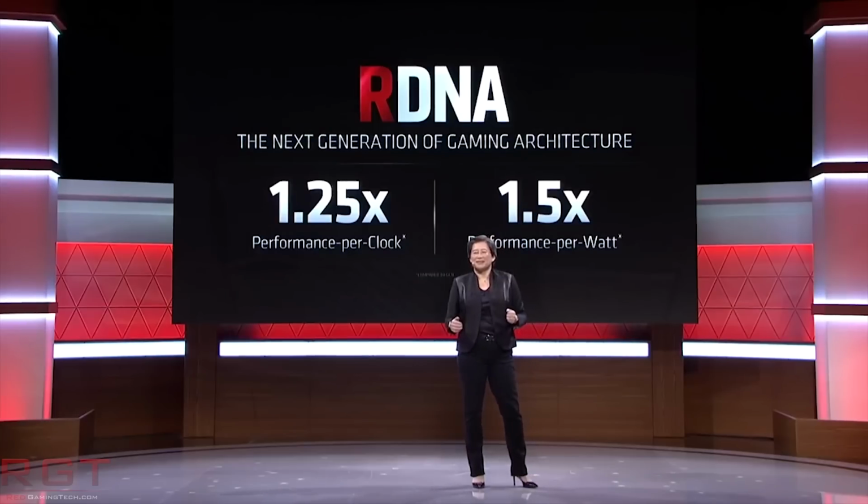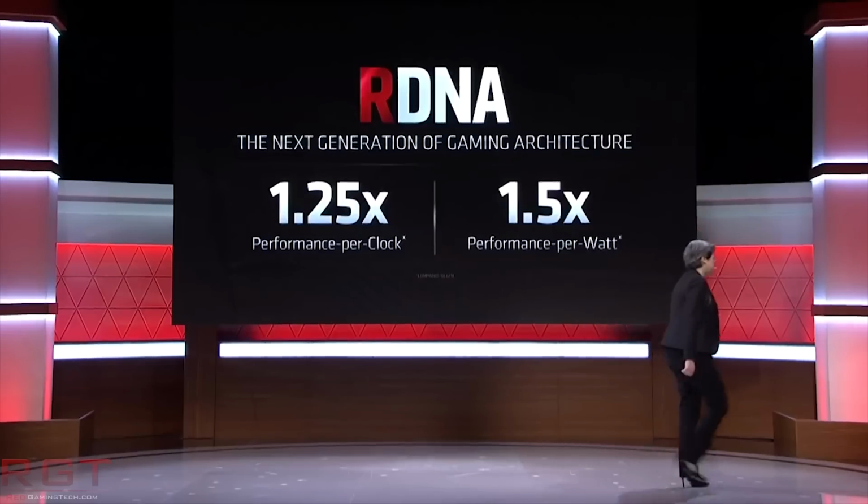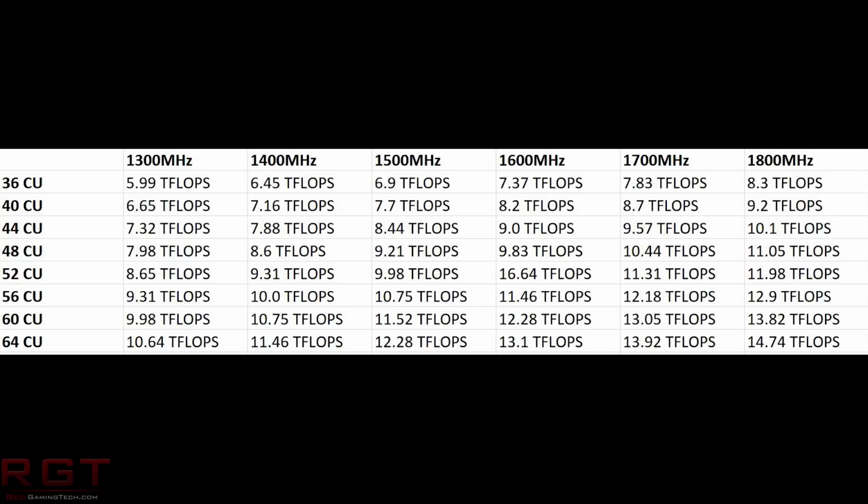Navi 21 Lite is also the die which is found in the Xbox Series X, which we believe has 56 active compute units. We know that the Xbox has 12 teraflops, but the exact configuration of the GPU isn't known. With the internal testing documents, it seems like there were 56 compute units active, but of course it could end up being 52 compute units, and then they just crank the clock frequency of the GPU higher.